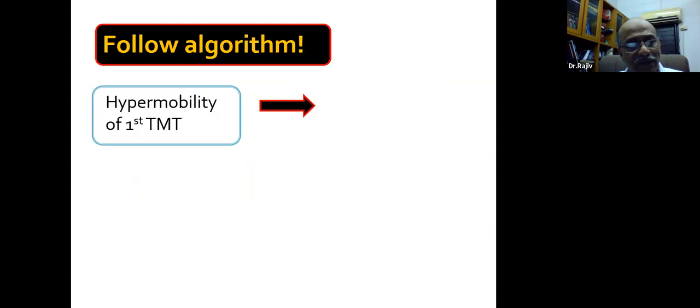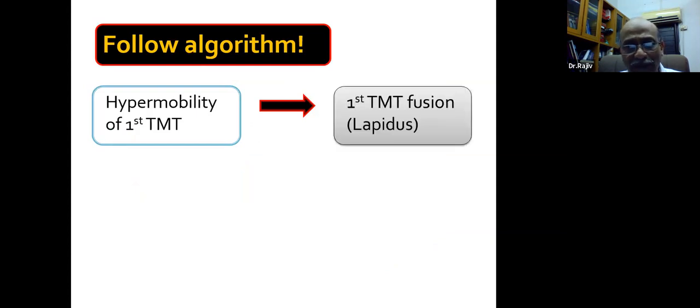The second question you are going to answer with your clinical examination and radiology is, is there hypermobility of the first tarsometatarsal joint? If there is hypermobility of the first tarsometatarsal joint, that means any of your correction distally is not going to stay. You need to do fusion of the first tarsometatarsal joint, which is called Lapidus fusion.